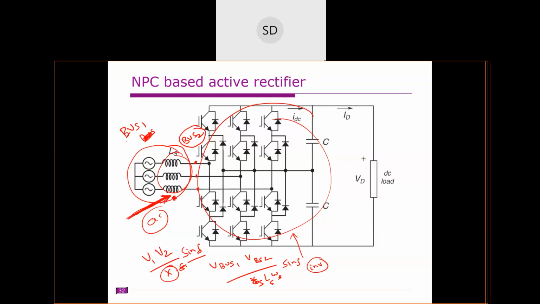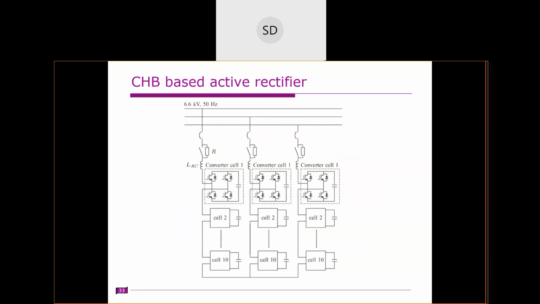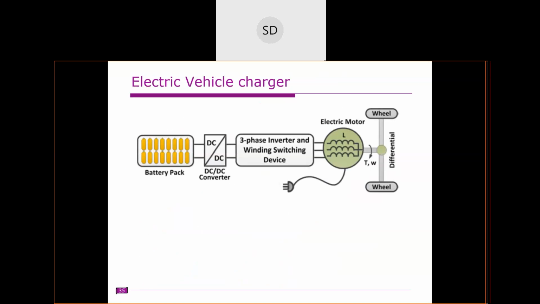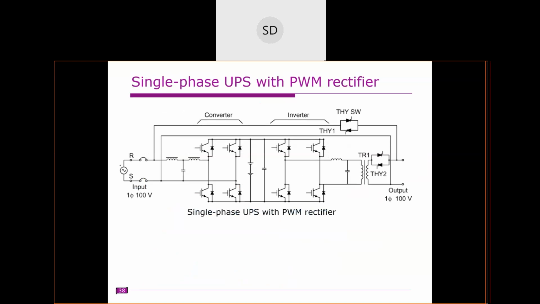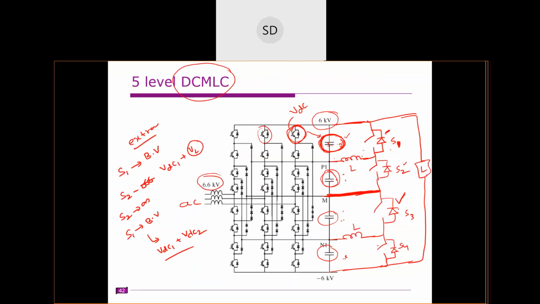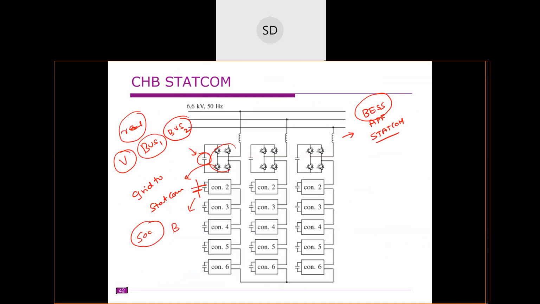This inductor acts as the line inductance in case of transmission lines. So we need to control this angle delta so that there will be power flow between these two converters. Clear? This is the basic thing for STATCOM. Later classes will go more into this.